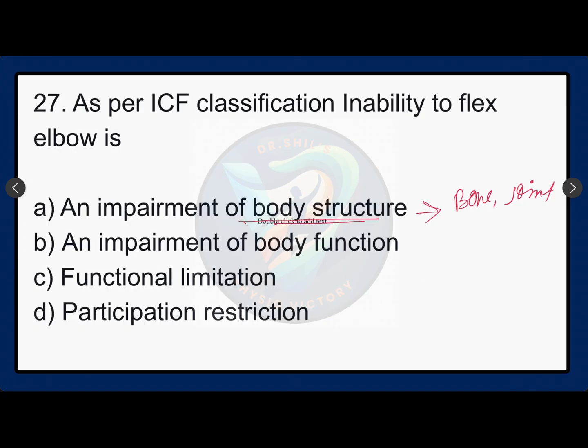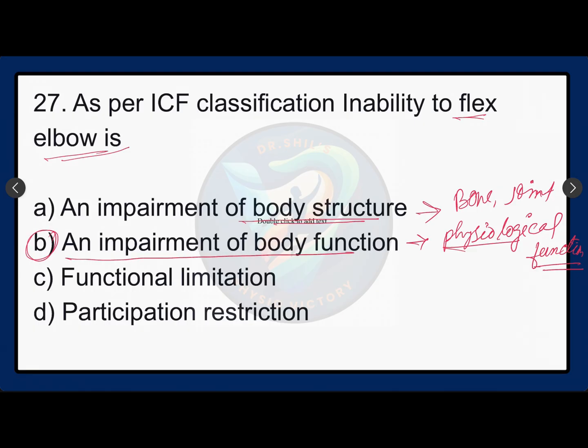An impairment of body function is loss of physiological function, like muscle contraction. So here flexion of elbow is a muscle contraction. The correct answer is option B.